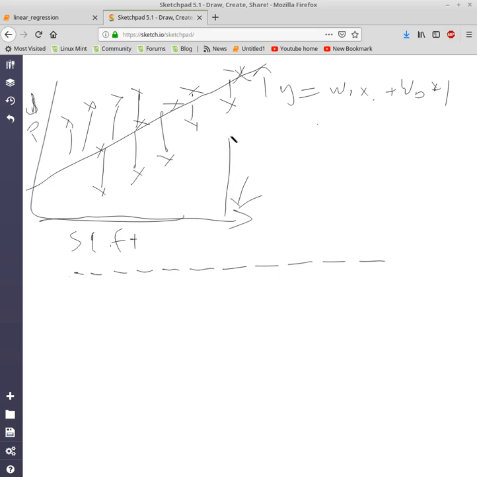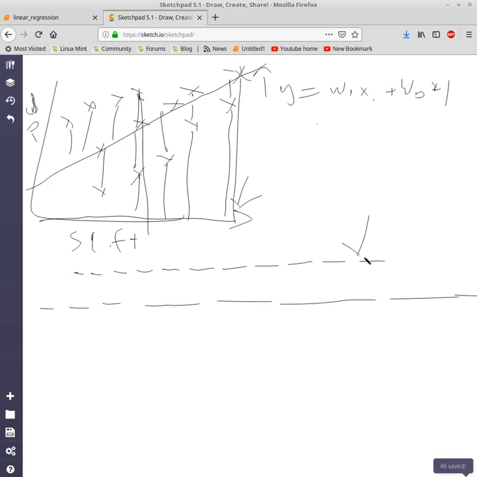Compared to this horizontal line right here, where we line all of these little lines up, this line right here is going to be a lot shorter than that one. We're going to formulate this loss function that we see here, the function that we want to minimize. We want to make this line as small as possible.